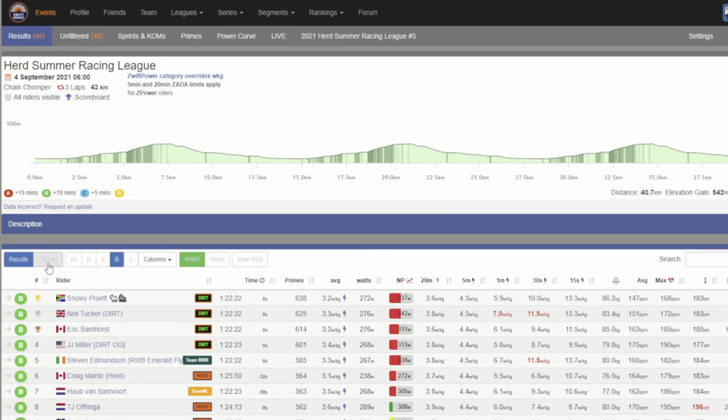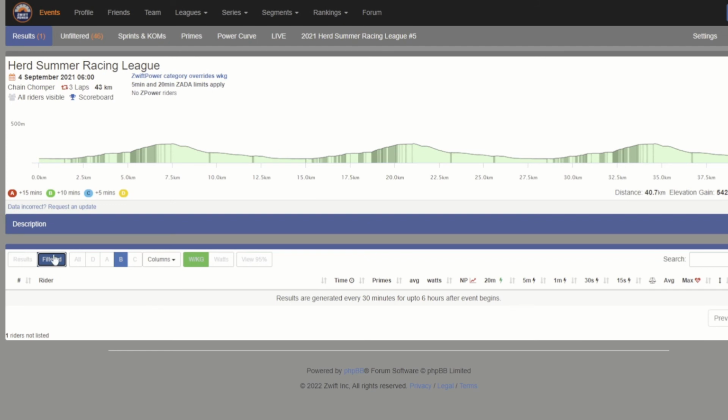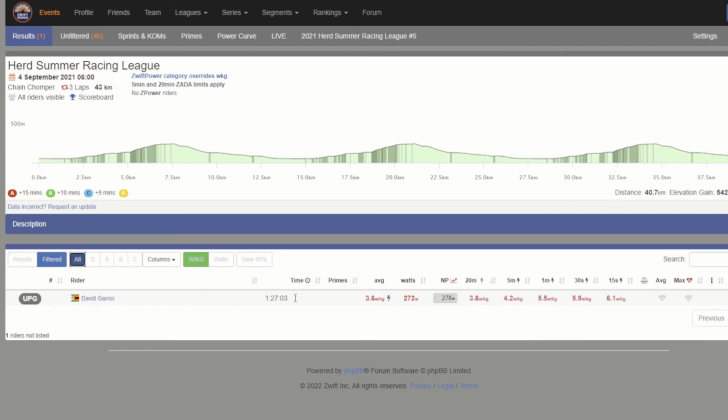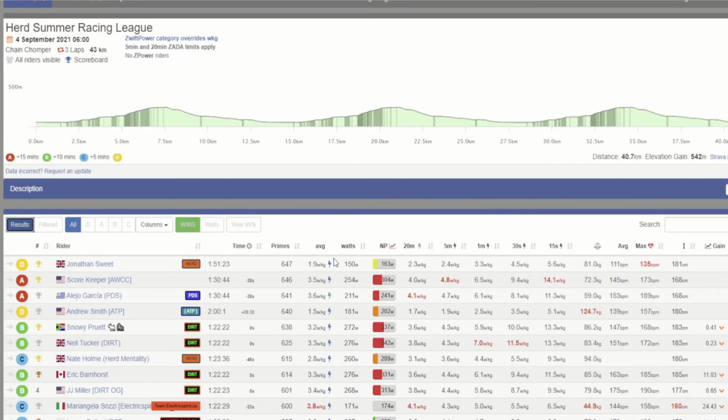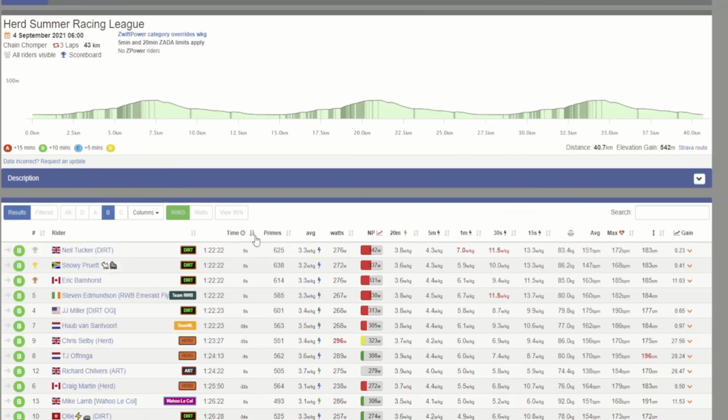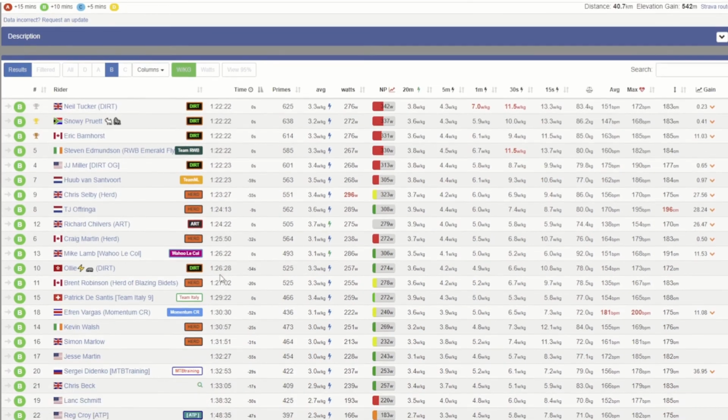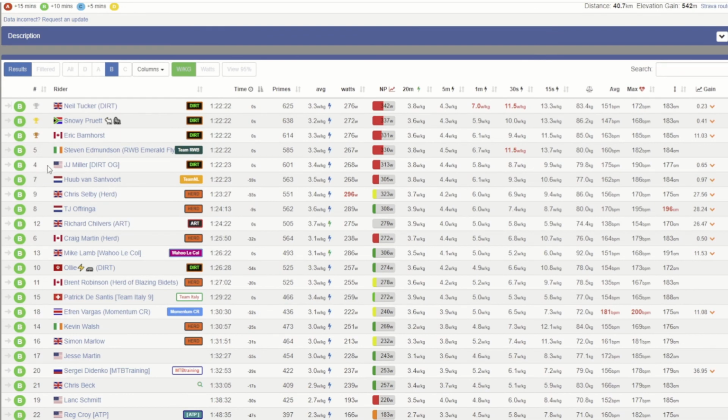You can go here to filtered and see who, in this case, the upgrade, so entered the wrong category. You can sort this. If you wanted to see what the finishing order was, if we go back to our B, sort on time. You can go to the finishing order and you'll see that over here, everything's out of order because this finishing order is based on the primes for a points race.